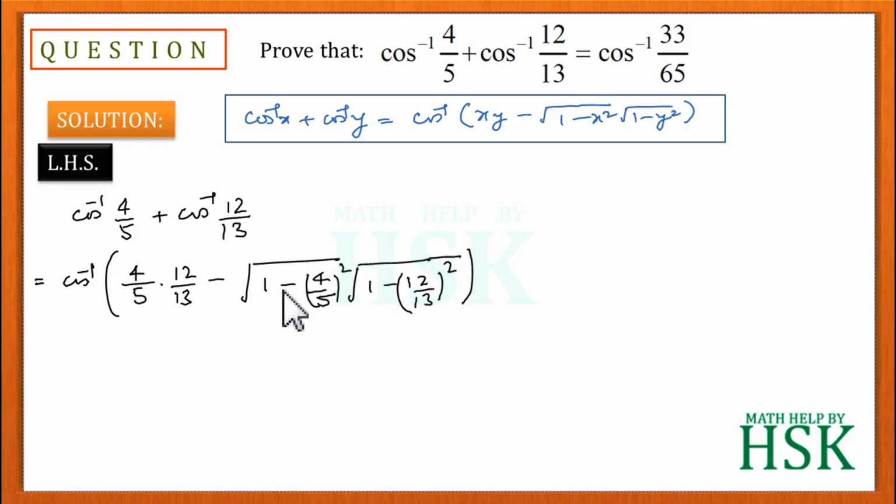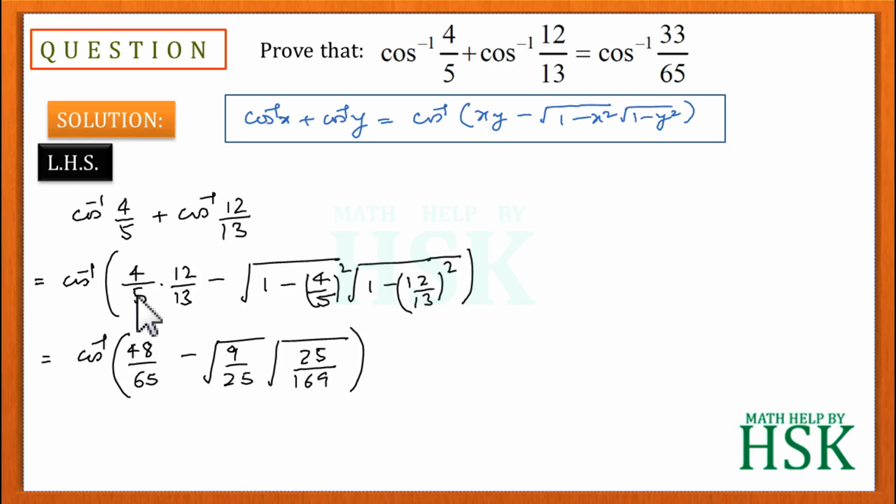Now you can see that this value 1 minus 4 by 5 whole square is equal to 1 minus 16 upon 25, and this will be equal to 9 upon 25. And 1 minus 12 by 13 whole square is 169 minus 144 upon 13 square, or 169. Again this will be equal to 25 upon 169.